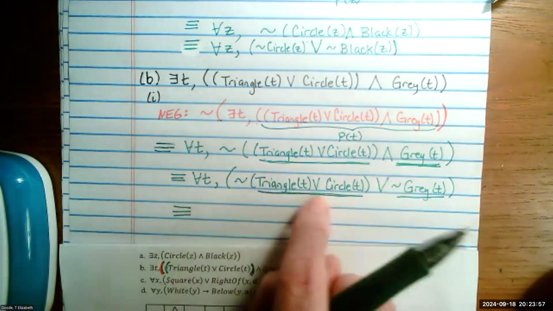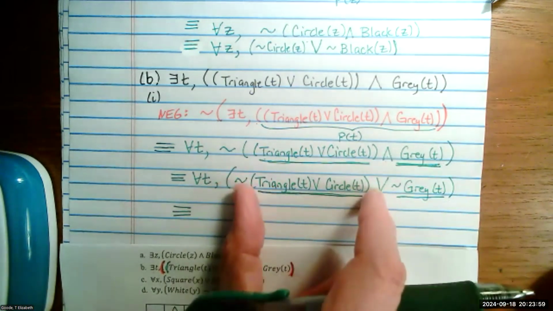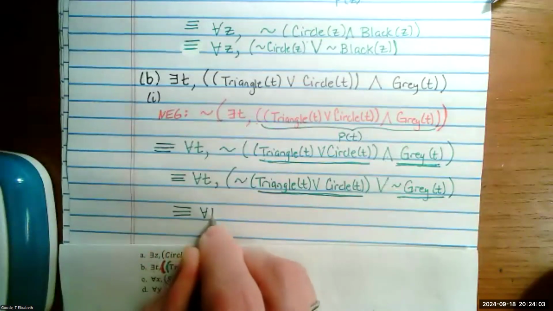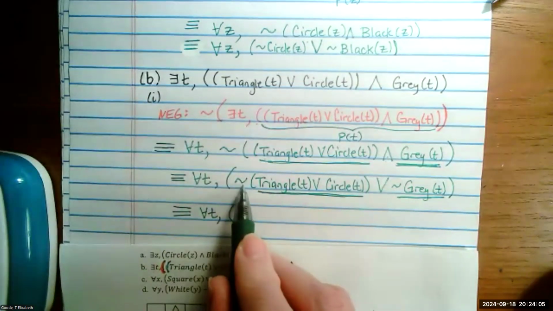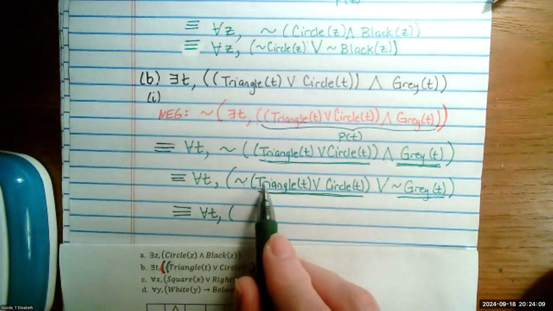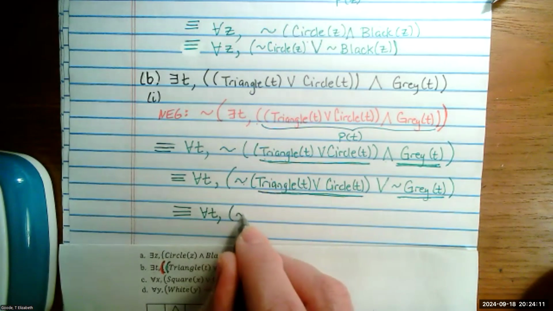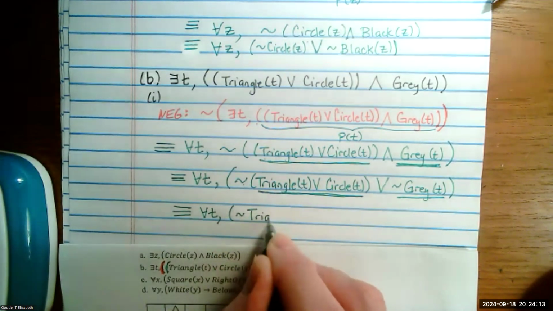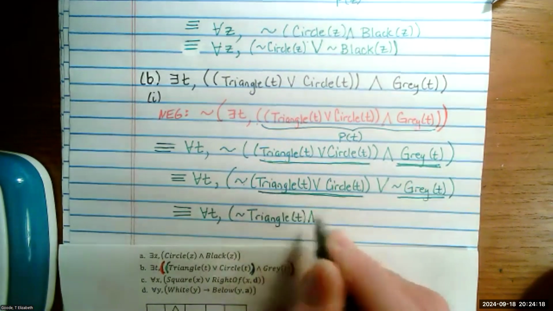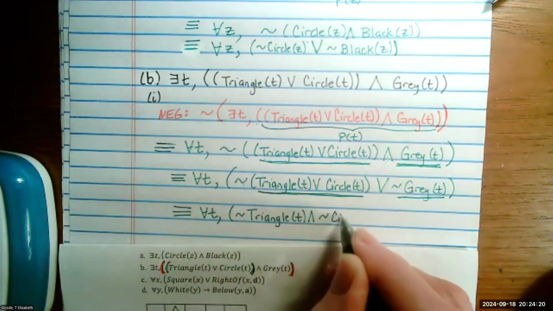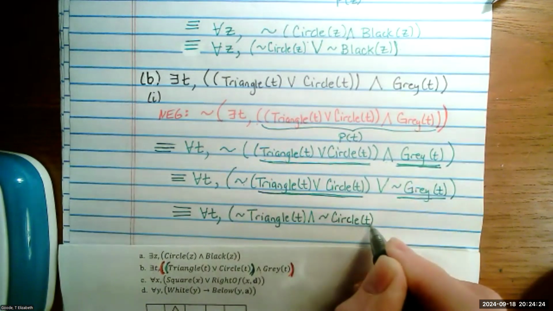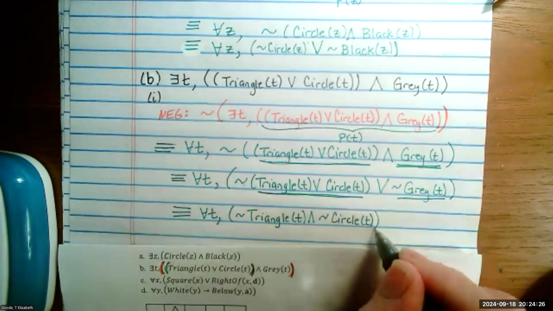Now we bring the not through the or that's in this compound component, you see? So for all T, when we bring the not through this or, it's going to flip it to an and, and we negate these two components. So it's not triangle T and not circle T. So that's all together.